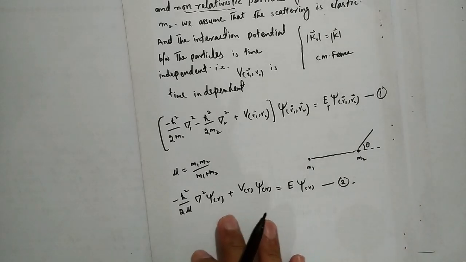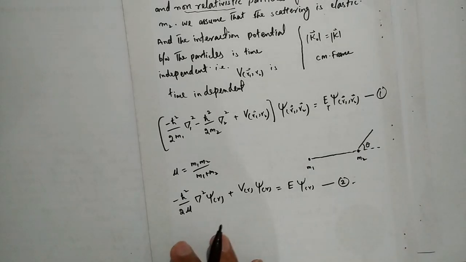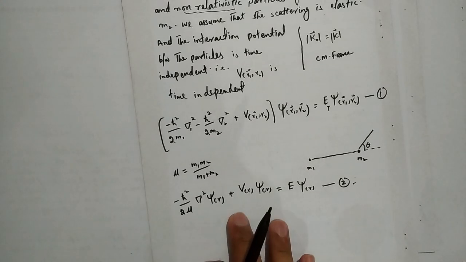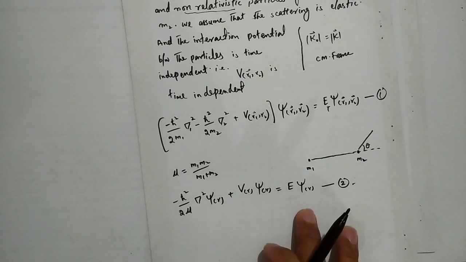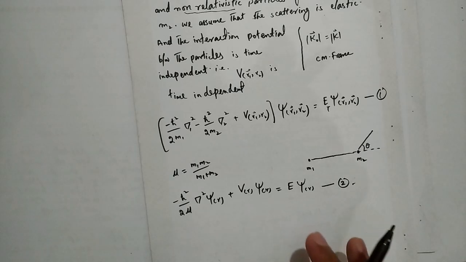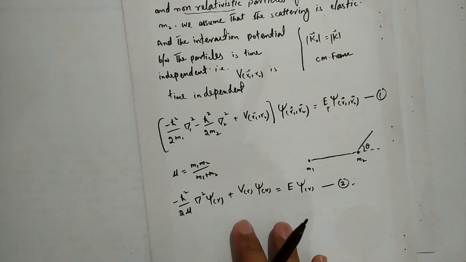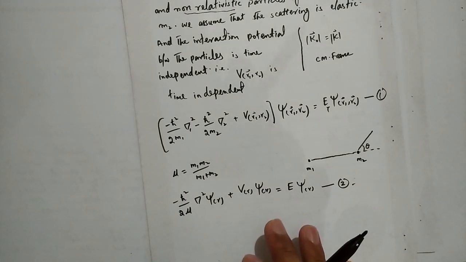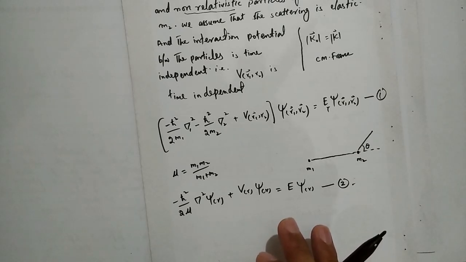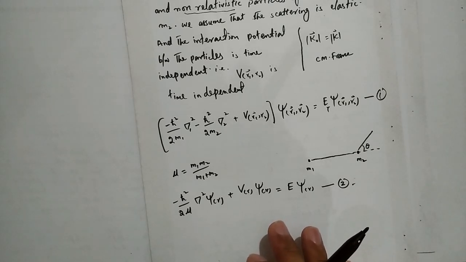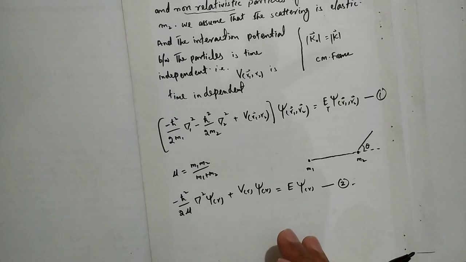It means that first, we solve this Schrodinger equation for psi, and after applying some limiting conditions, that will be the solution of this equation, which will be used for the calculation of the differential cross section in the CM frame.